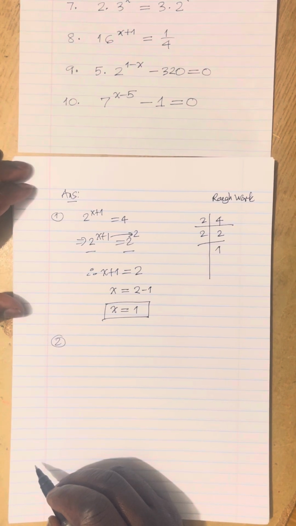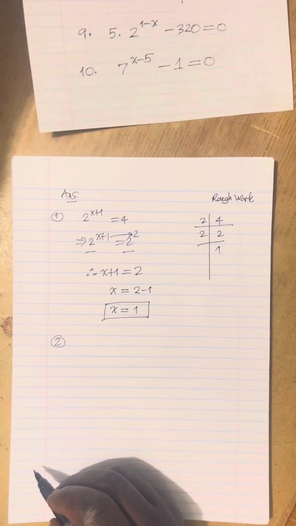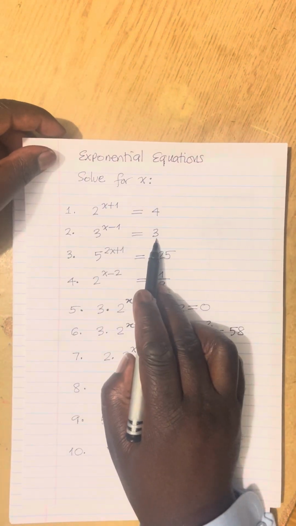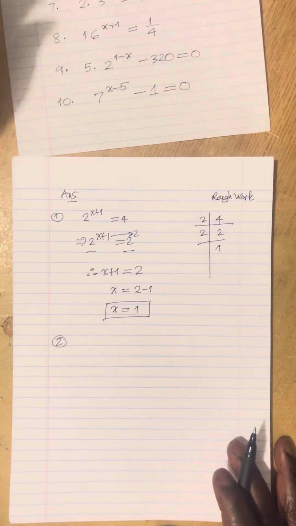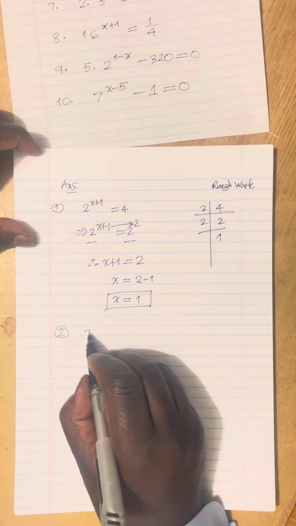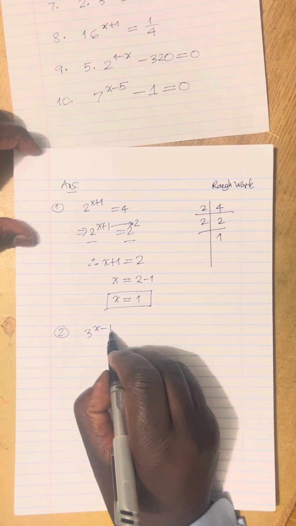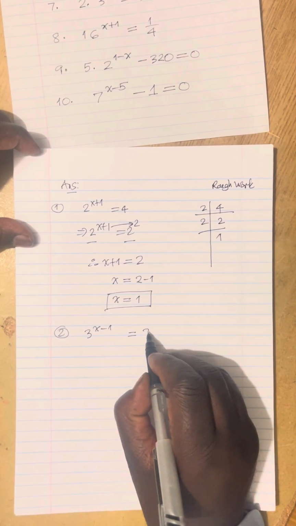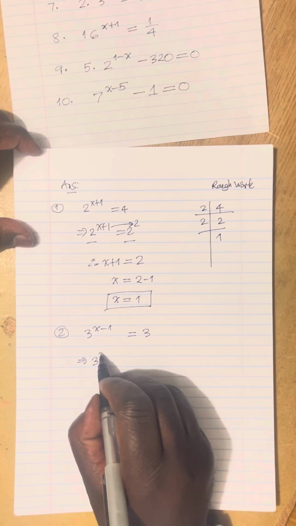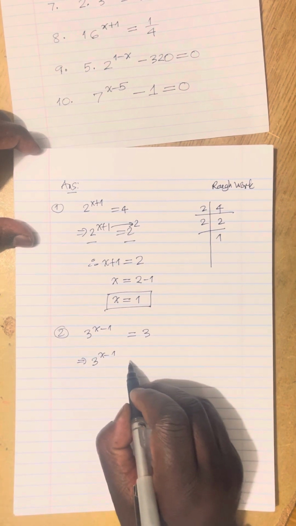Number 2, we have 3 power x minus 1 equals 3. So what do we have? We have 3 power x minus 1, and the whole of this is equal to 3. Notice something here. The base on the left is 3, and the base on the right is also 3.